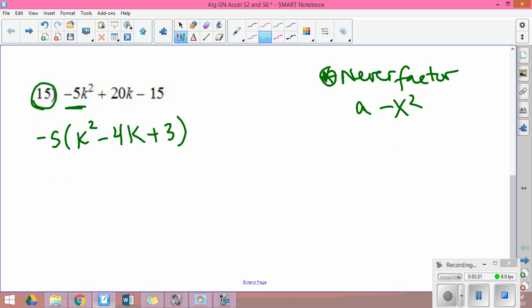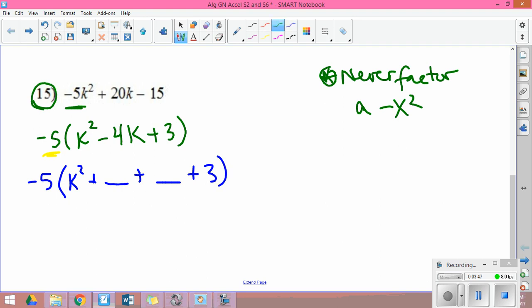Really take care of your negatives. Now also, be sure you don't lose this negative 5. This is an expression, so numbers can't disappear. They must always be accounted for. Now, some of you may remember the trial and error, but if you don't, we are going to think about how can we rewrite this as a four-term factoring so we can do the grouping like we just did.